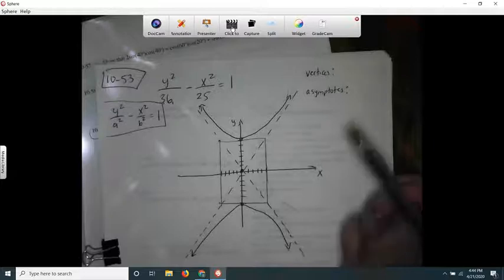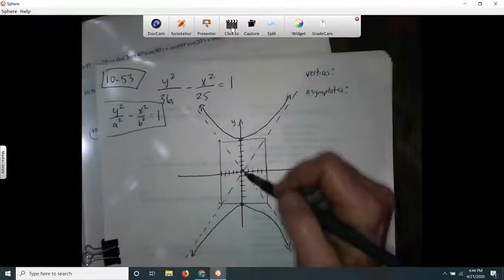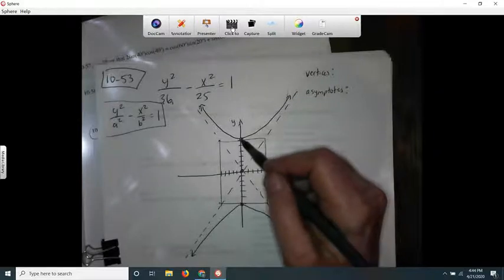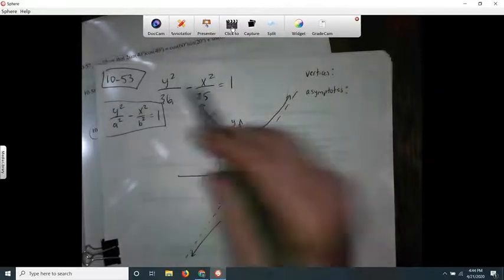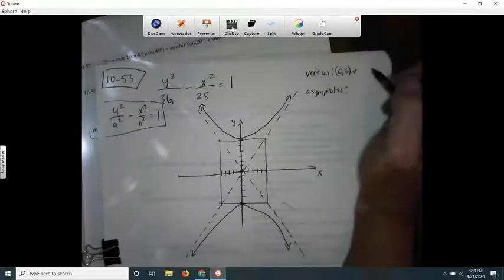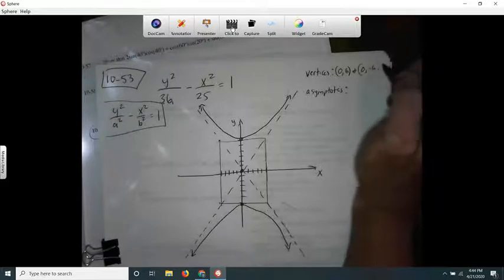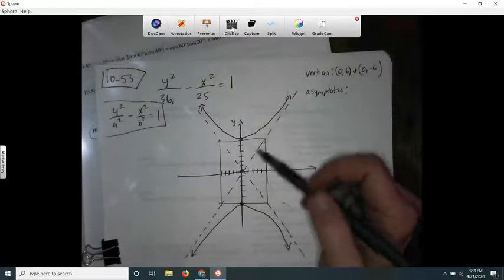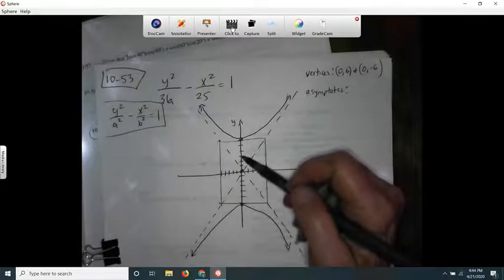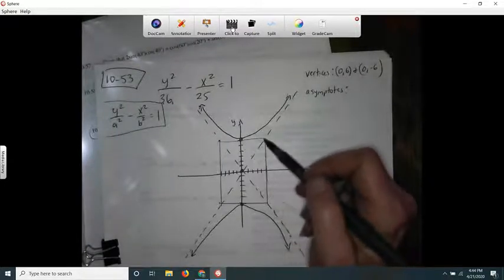My vertices are at (0, 6), and I guess that would be (0, -6). My asymptotes go up 6 over 5.